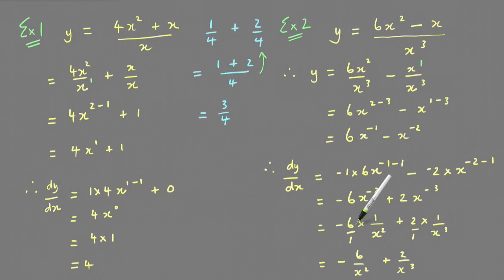So minus 6 is really minus 6 over 1 times, and then this is a short way of writing 1 on x squared, so really just the power becomes the opposite of what it is here on the bottom. And then the same here, that becomes 2 over 1 times 1 over x cubed, and then multiplying fractions, minus 6 times 1 is 6, and 1 times the x squared on the bottom is x squared, and put the minus in front of the whole term.